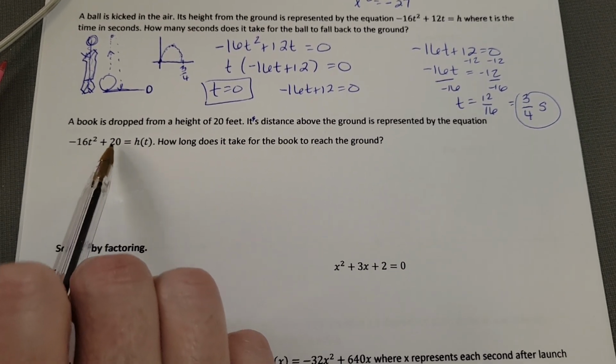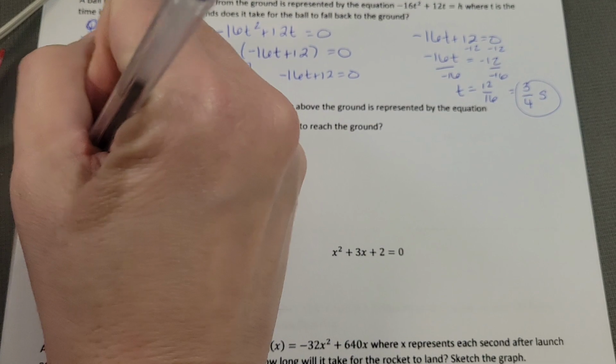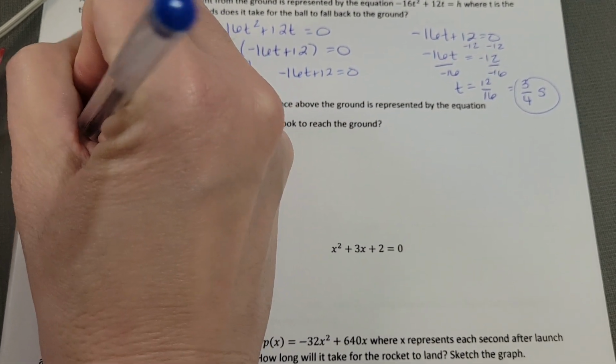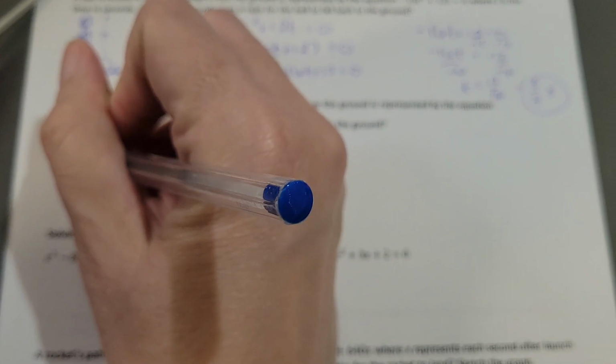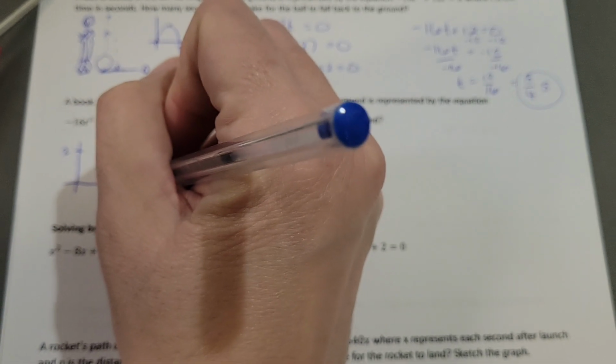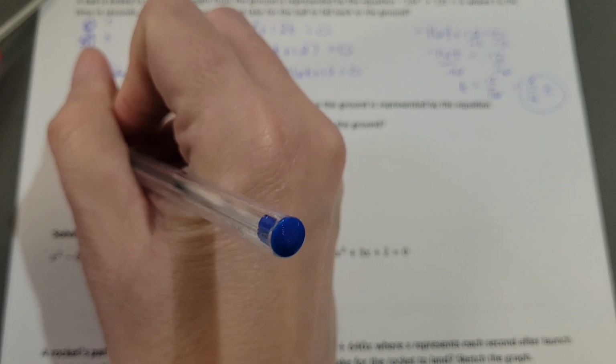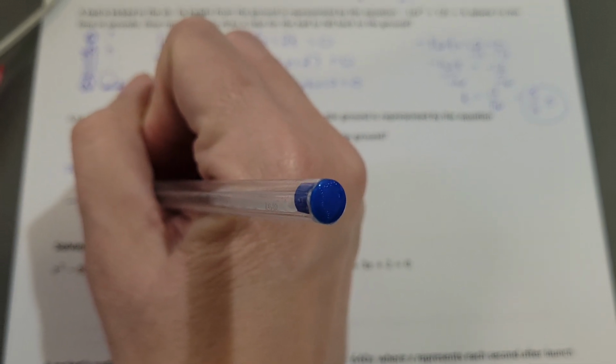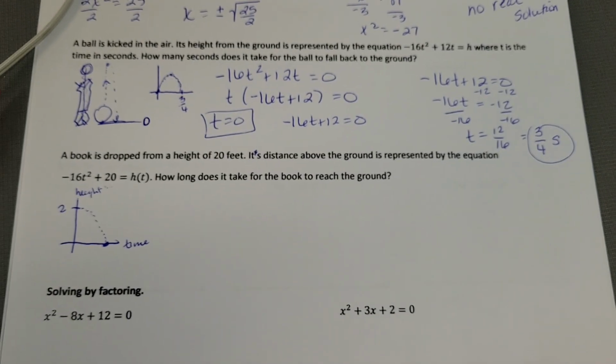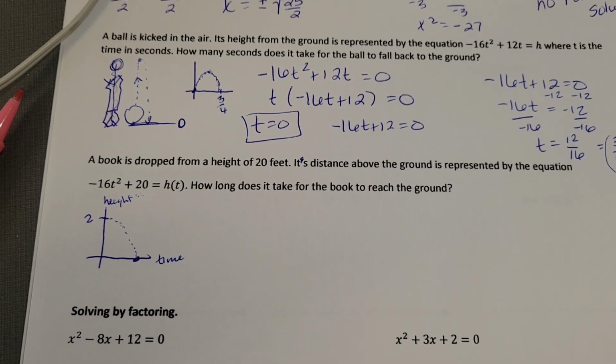So at t equals 0, that book is up here at 20. What we want to know is, as time passes, this is time and this is height, when does the book get back down to y equals 0? When does the book hit the ground?